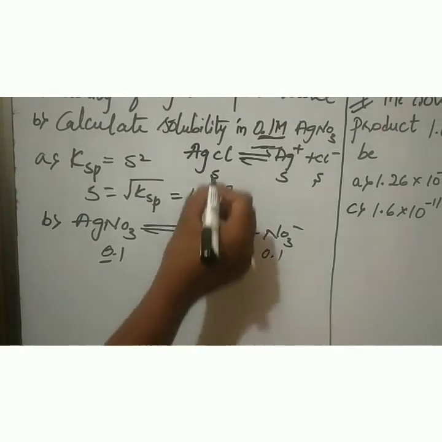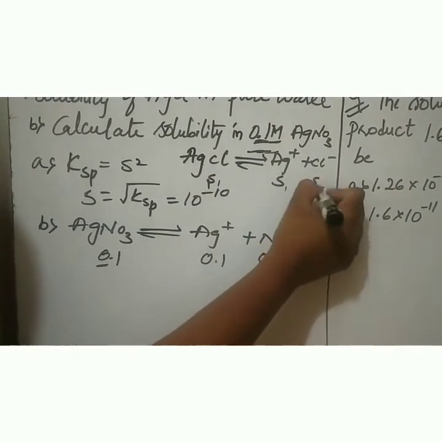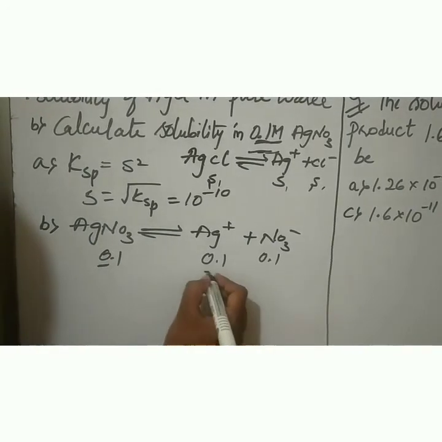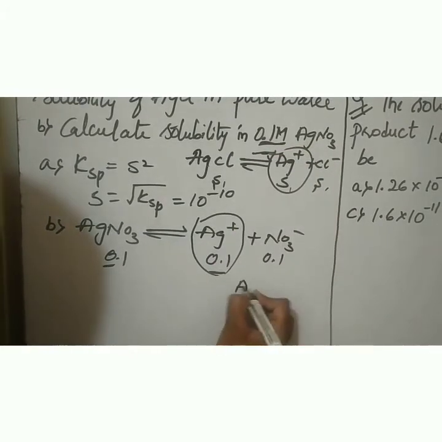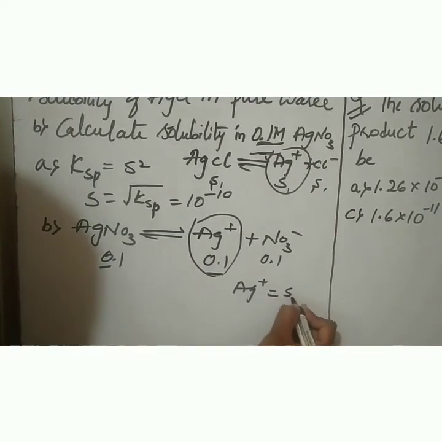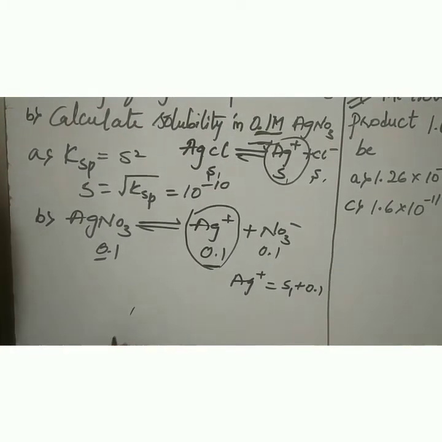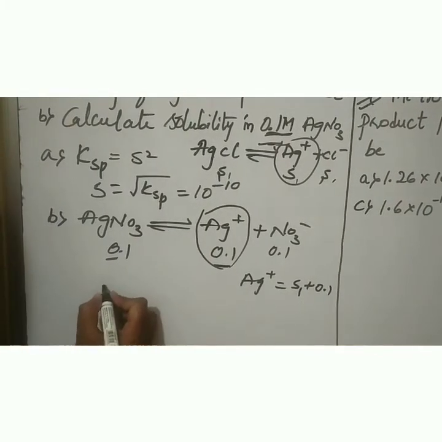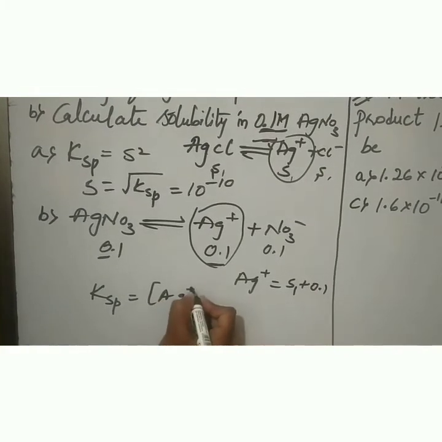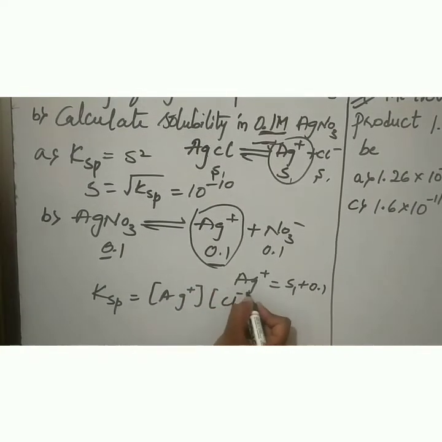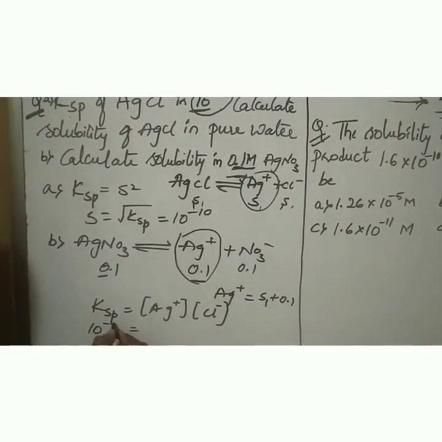If AgCl gives Ag+ and Cl-, suppose the solubility is S1, then Ag+ is the common ion. This is also Ag+. So Ag+ is equal to S1 plus 0.1. We should find the solubility product of AgCl, which is Ag+ times Cl-, given as 10 raised to minus 10.